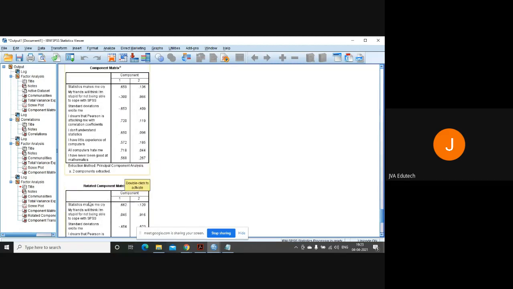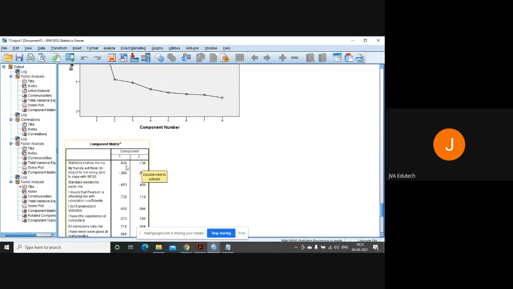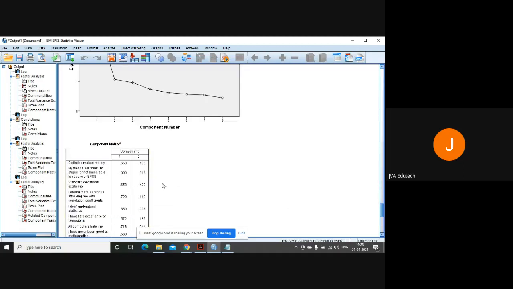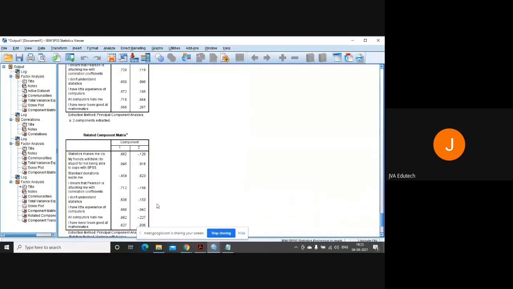So if you compare these two, in the first case, there is not much change after rotation. In the second case, also there is not much change. This was loading to the second, we got it. Loading to the second. Third was loading nowhere, we left it. Fourth, not much change. Fifth, not much change. Sixth, seventh, eighth, not much change.